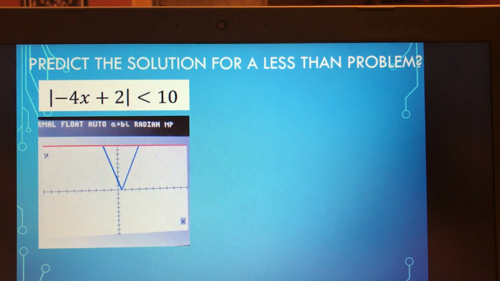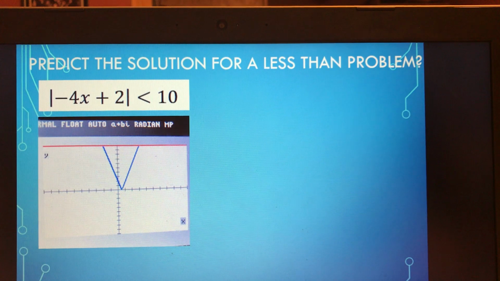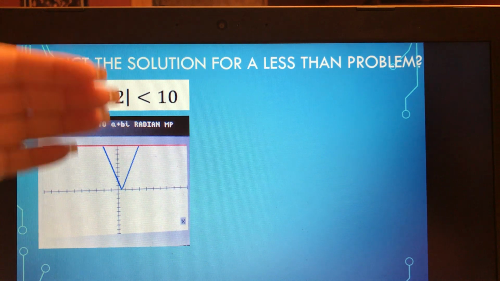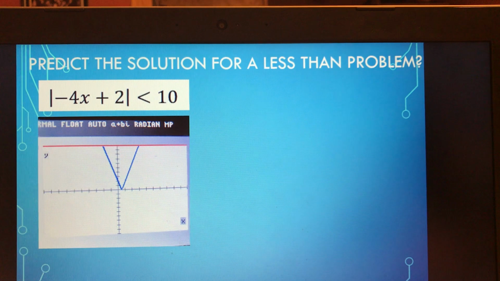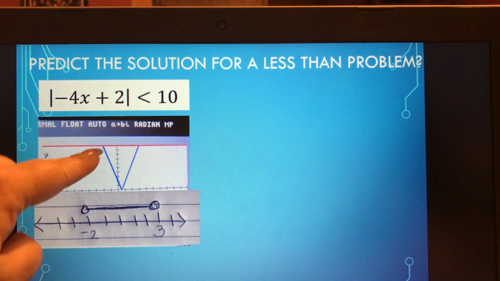Now, this is one that we looked at already. The difference was, instead of less than, we were looking at greater than. Right, so what values of this are less than 10? You're right, we're going to look below. Where are they below 10? And if you notice, there is not a break here.